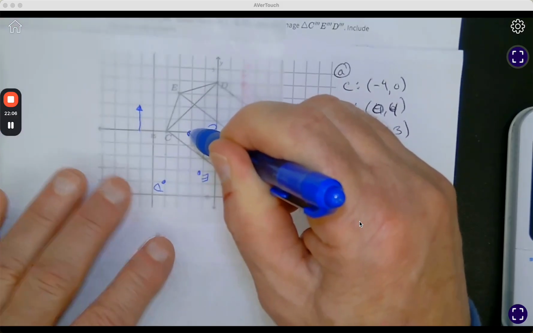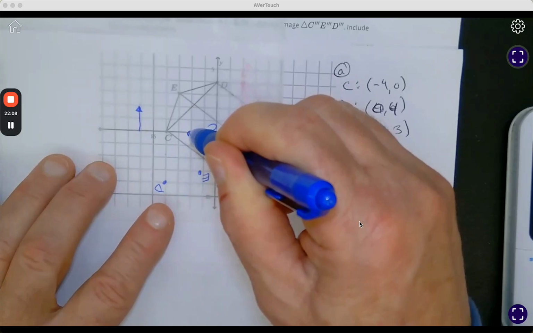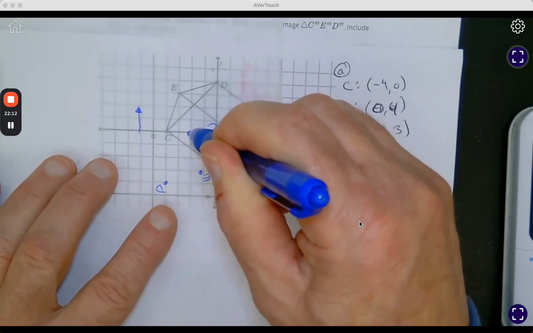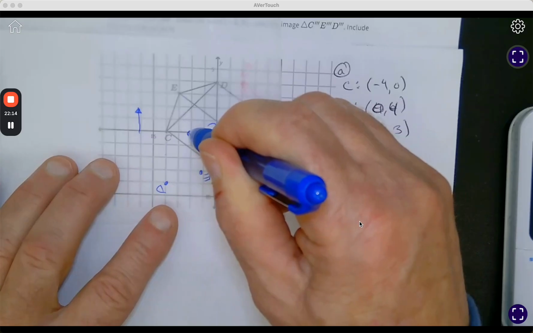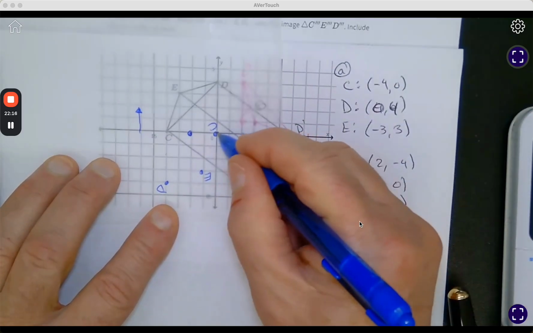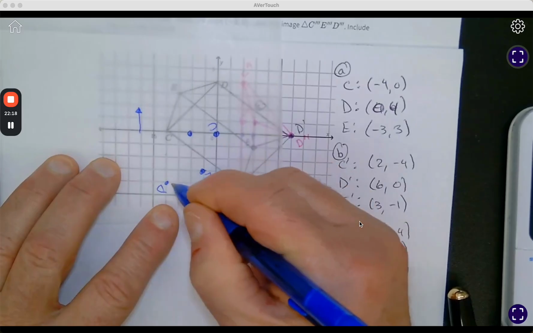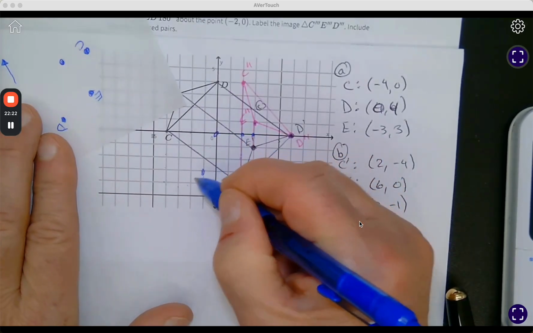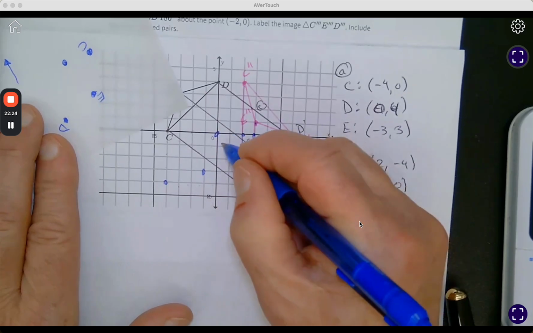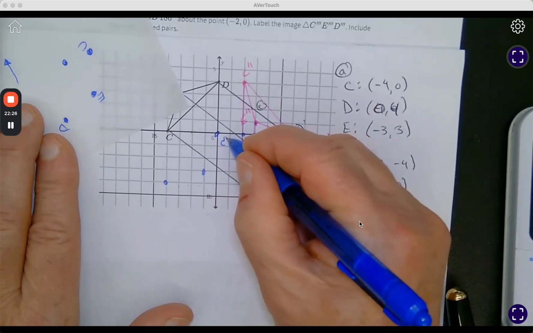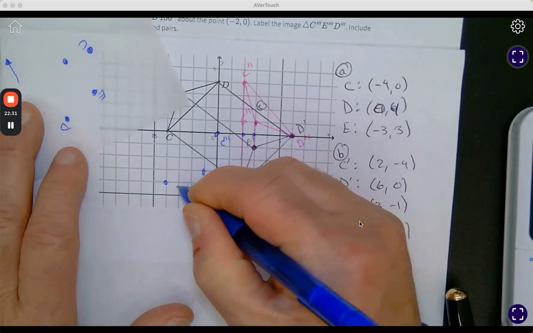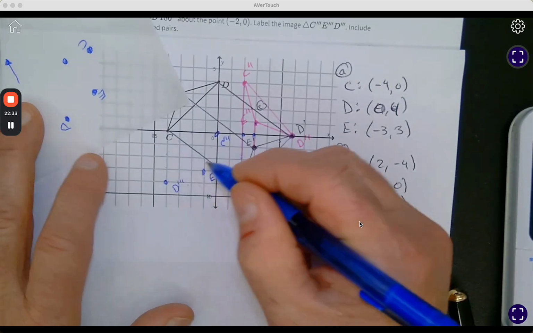And right there. That is beautiful. So there's C, there's E, and there's D. But it's C triple prime, E triple prime, D triple prime.